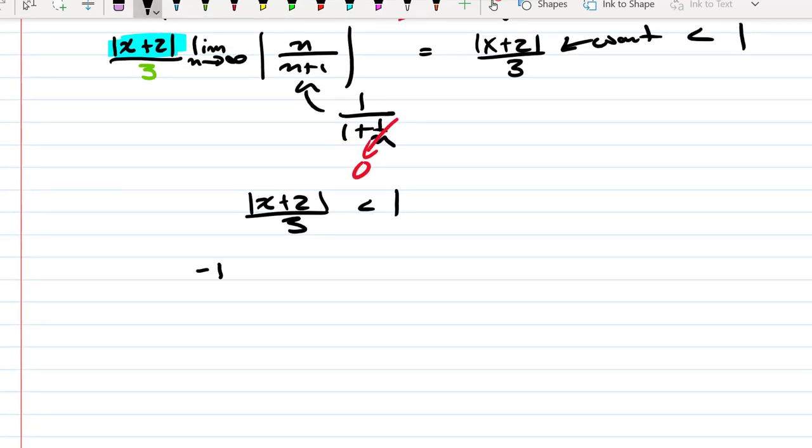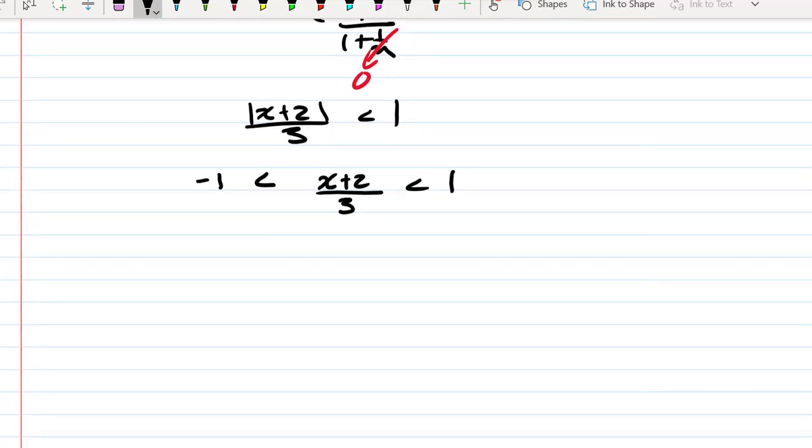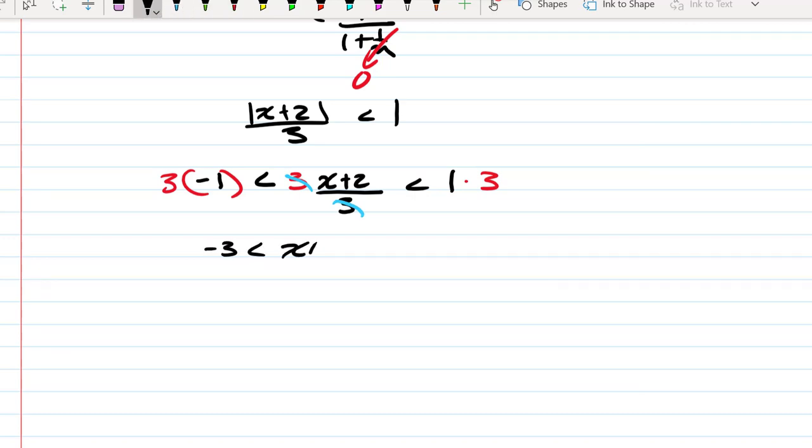So if we have the absolute value of x plus 2 over 3 is less than 1, this is the same as negative 1 is less than x plus 2 over 3 is less than 1. We're dropping the absolute values now because we're setting up the 3-part inequality. And we multiply everything by 3 to reduce that out, and we get negative 3 is less than x plus 2 is less than 3.